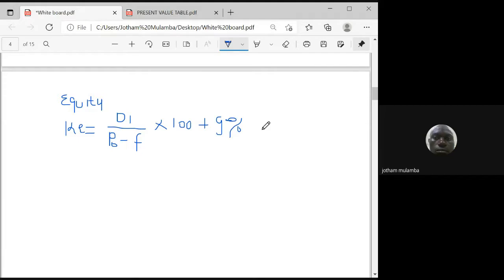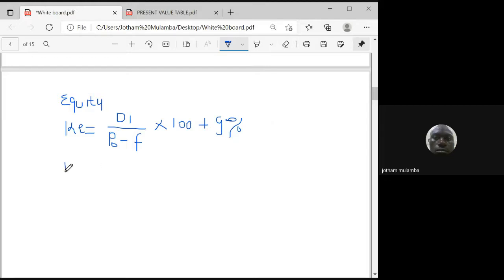P naught is price per share. F is flotation cost. That 100 is to convert into percentage, so you don't need to write it. Then G percent is expected growth rate.